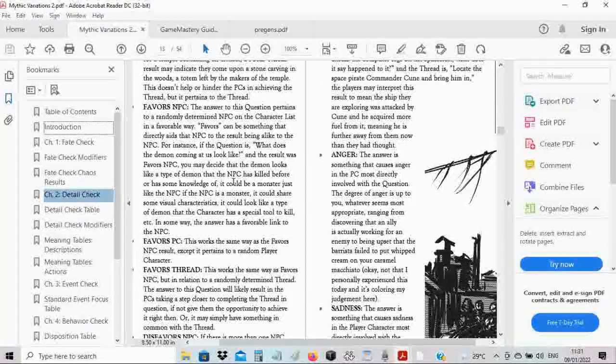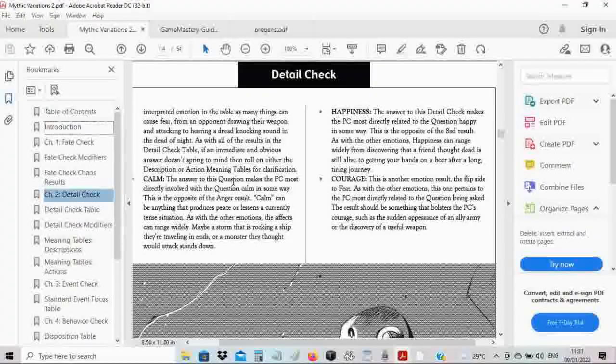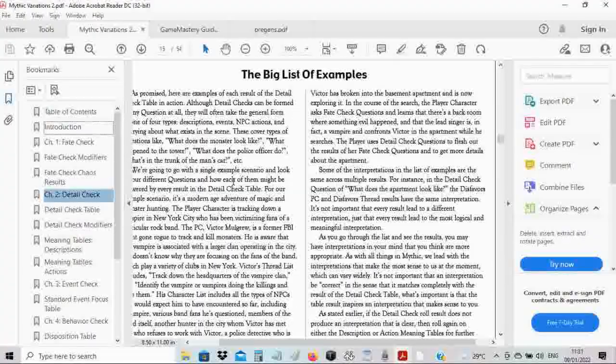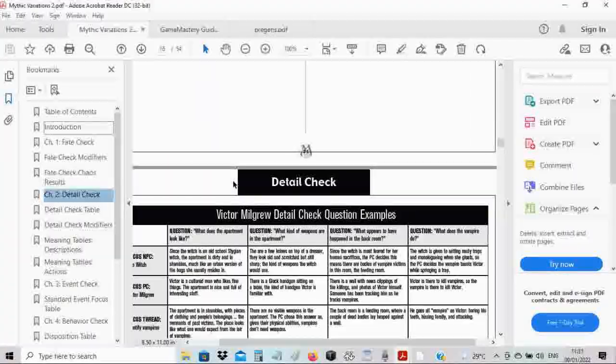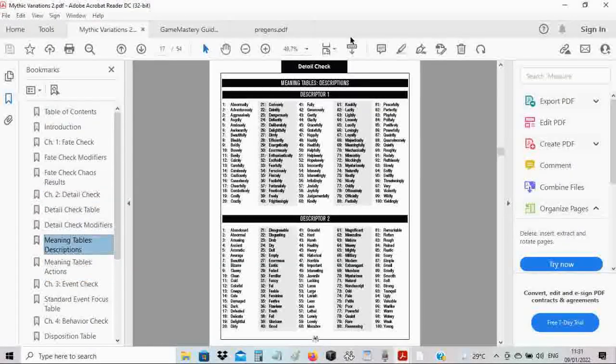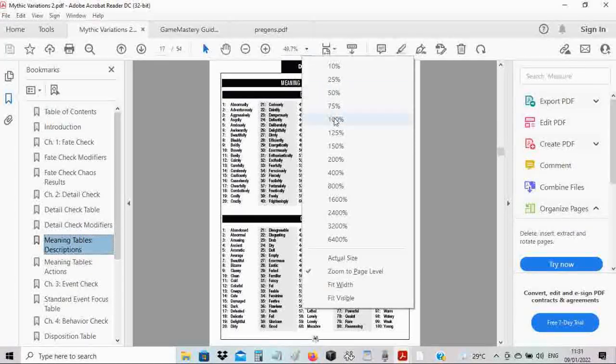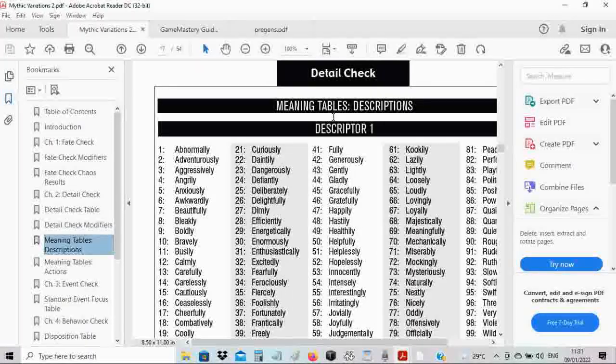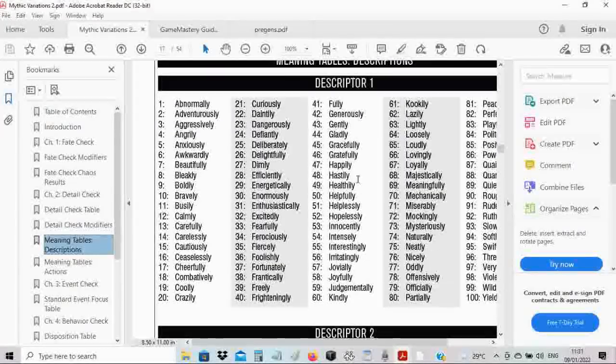Okay, but anyway, let's move on to the meaning tables. Now let's roll for descriptions so we know what it's like.